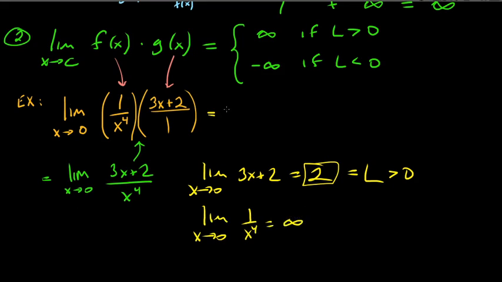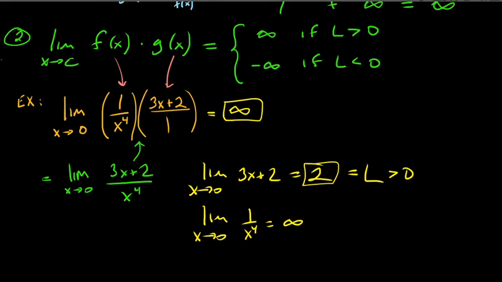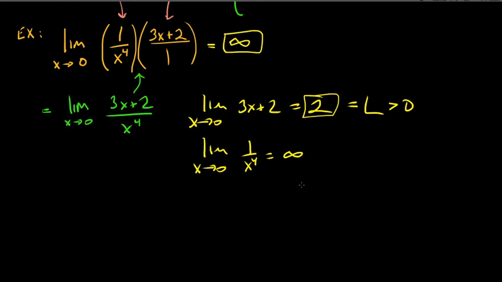Right? So this is infinity times 2, which is infinity. Right? So that's it. So just using this property here, as long as your L is positive, then that's fine. Right. What would have happened if I can do this down here?